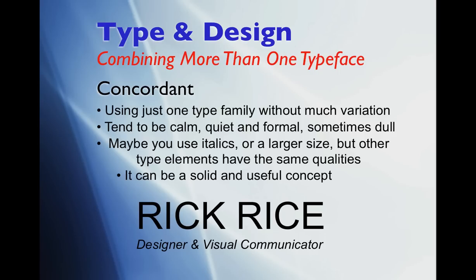And think of concordant as sort of middle of the road, mediocre. And when you use, for instance, just one type family without much variation, maybe you use italics or larger size, but the other elements have essentially the same qualities.